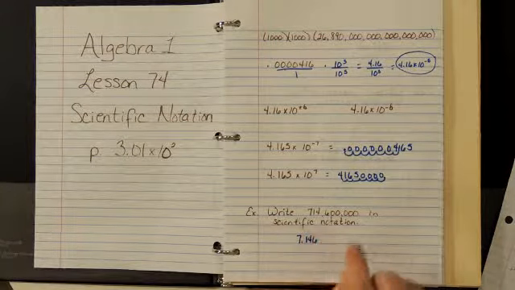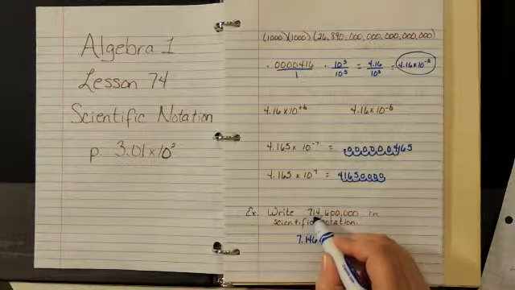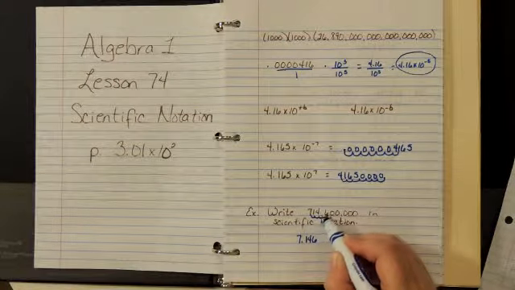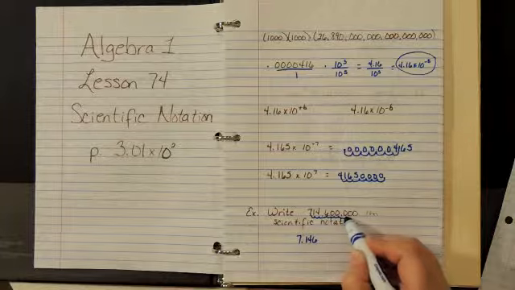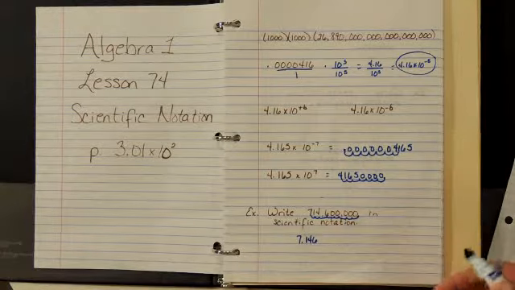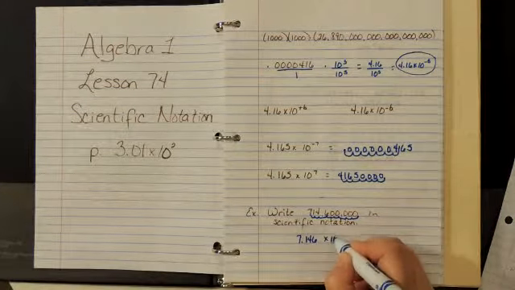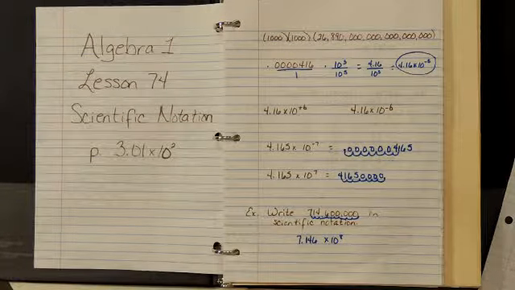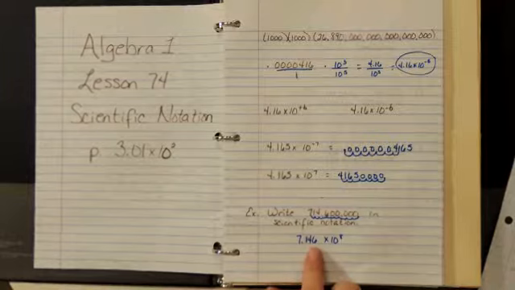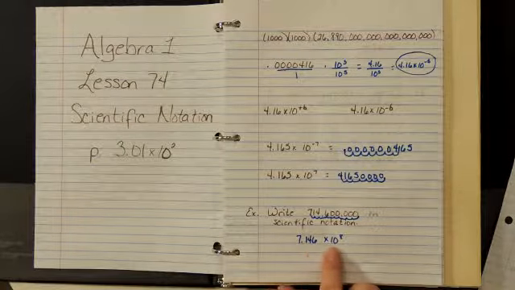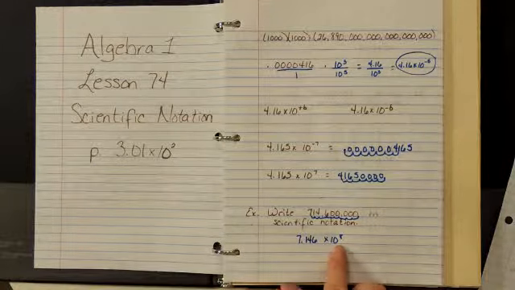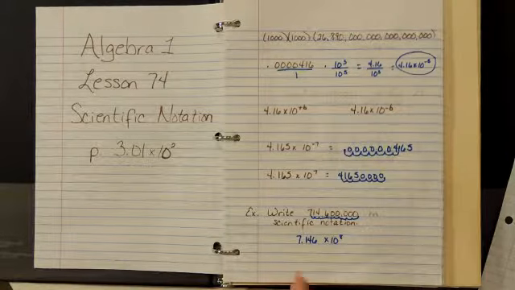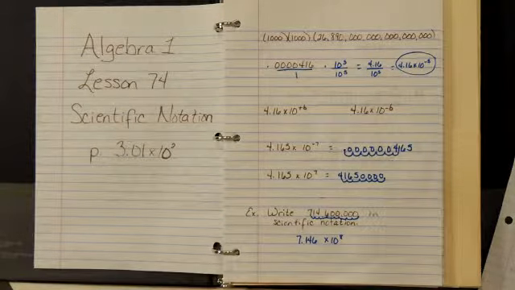The actual place of the decimal is 1, 2, 3, 4, 5, 6, 7, 8 places to the right. So we've got 7.146, and the actual position of this decimal is 8 places to the right. So times 10 to the 8th.